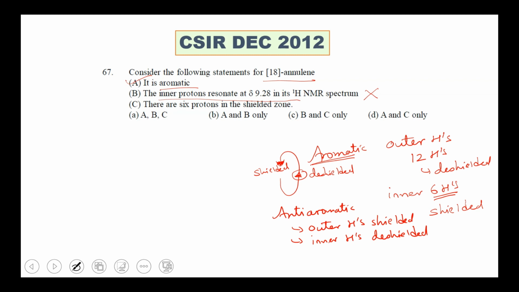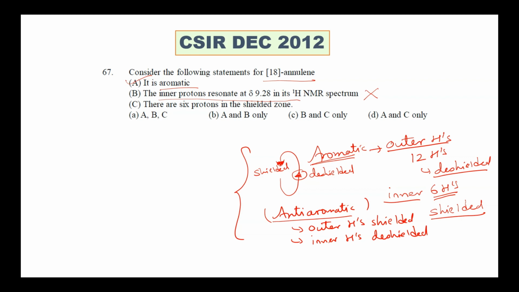For aromatic, outer hydrogens are deshielded, inner hydrogens are shielded. Just remember, this is a very important concept which will be asked in problem solving for GATE, CSIR or JAM. So remember this very clearly. Aromatic: outer protons are deshielded, inner protons are shielded. For anti-aromatic compounds, the outer protons are shielded, inner protons are deshielded.